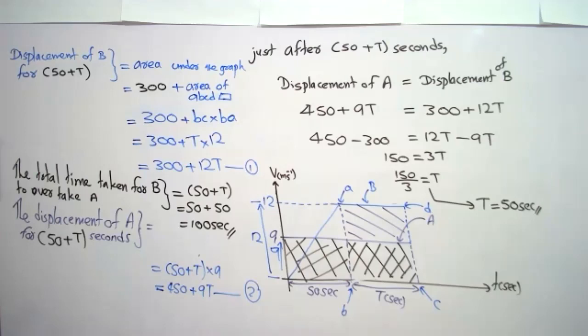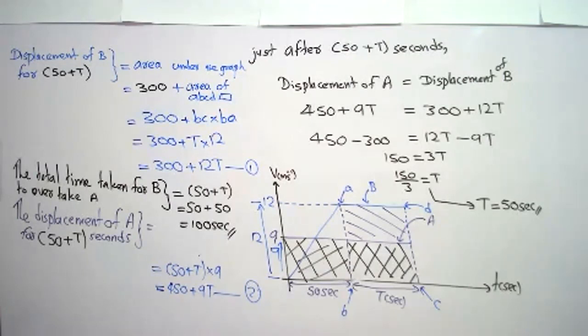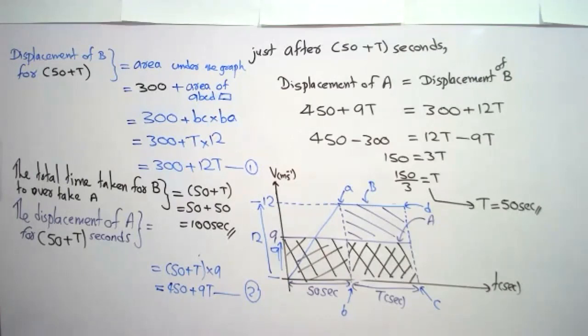If we try to solve this problem using relative velocity, we have a small problem here. The problem is B is accelerating while A is traveling with a constant velocity. So if you try to apply the theories that we have learned in relative velocity, you will face that problem here. B has an acceleration, A has a constant velocity.